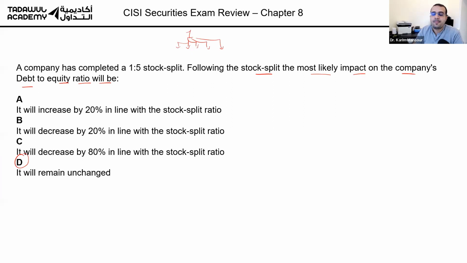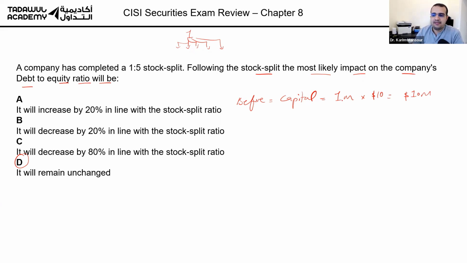Why? Because if before the split, let's assume before the split, your capital account was 1 million shares at $10, so your total capital was $10 million.